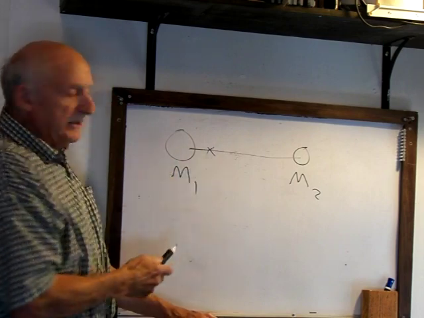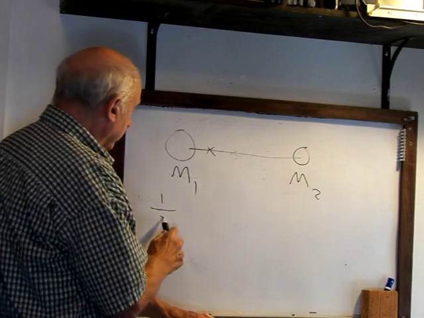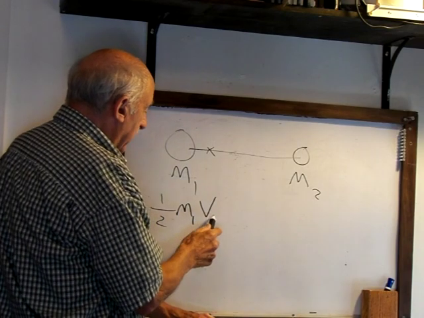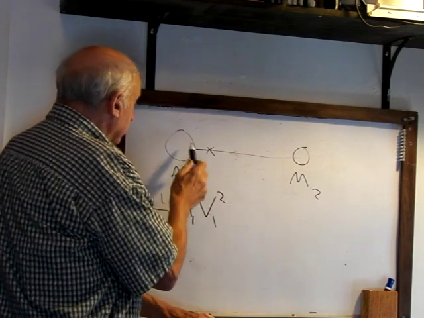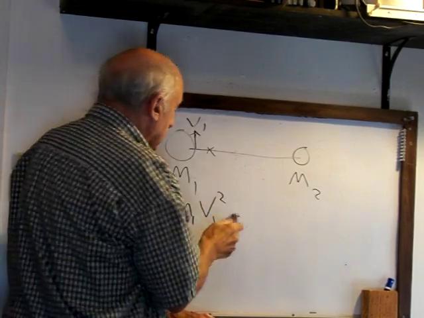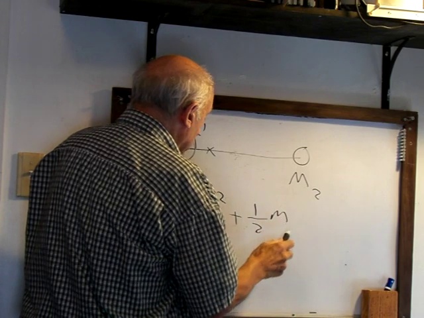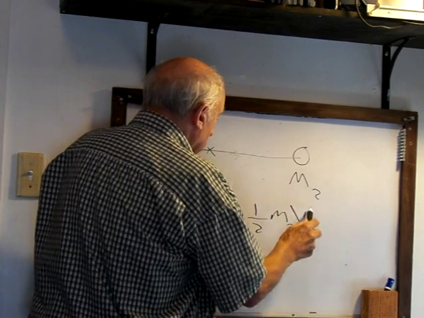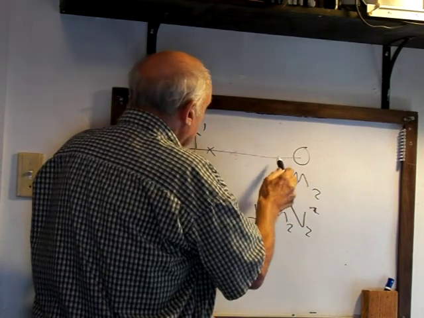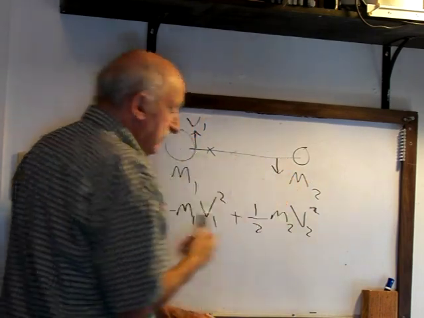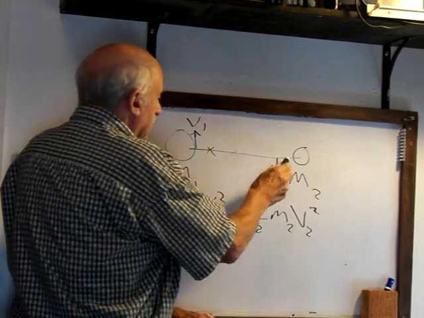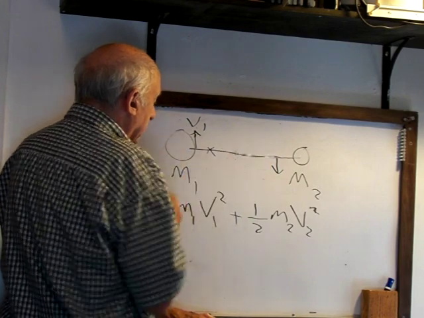So the true kinetic energy of this system is half the mass of the Earth multiplied by the velocity with which it's traveling, v1, plus half the mass of the Moon times the velocity with which it is traveling, v2, in the same orbital direction but opposite, like that.